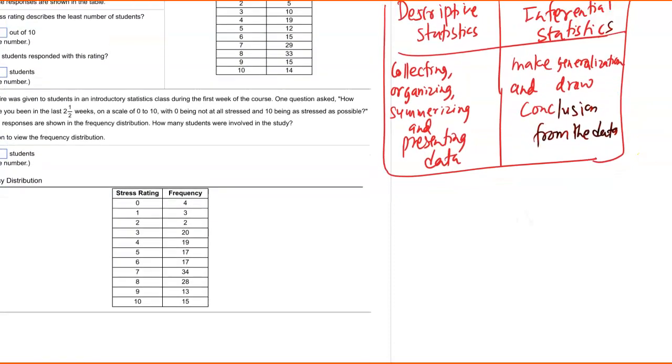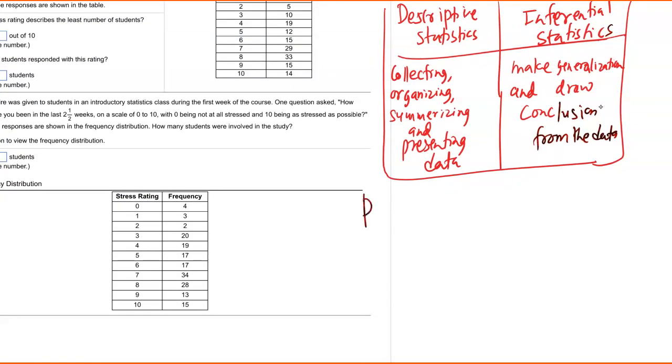Now the other terms in this section are population and sample.